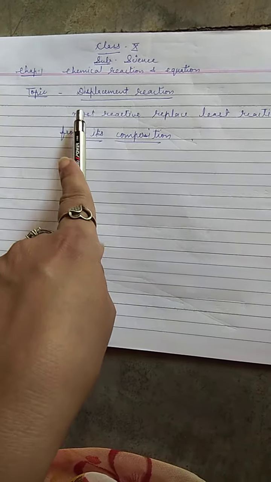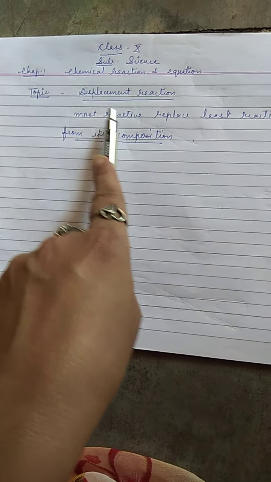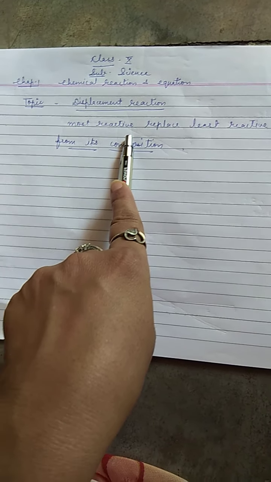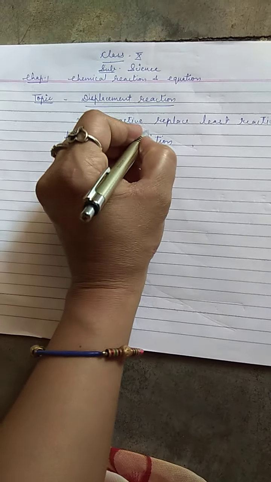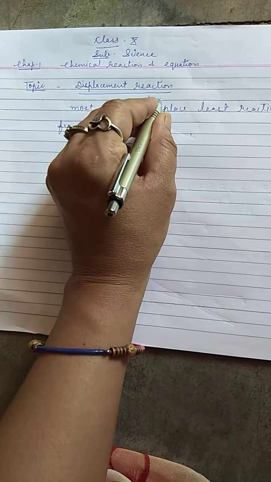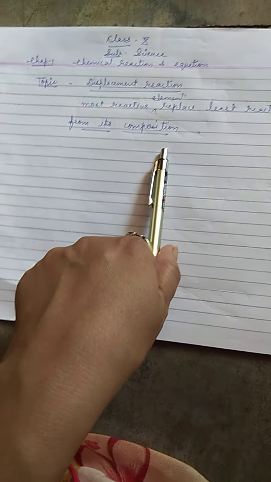What is the meaning of displacement reaction? A type of reaction in which the most reactive element replaces the least reactive element from its composition.